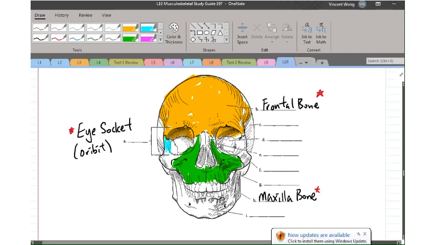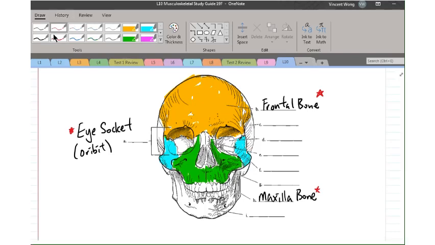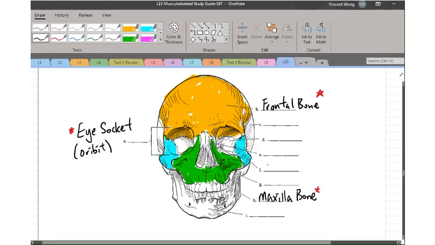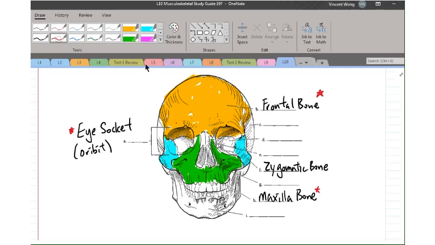This one right there. This is your zygomatic bone. Zygomatic bone forms the prominence of your cheek, which is this area that I'm coloring right now, and it also forms the lateral side of your eye socket. So that's also eye socket. Put a star there for you.